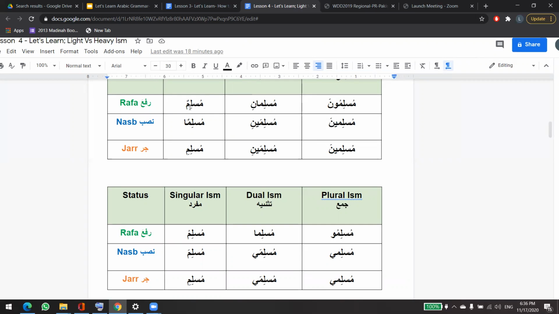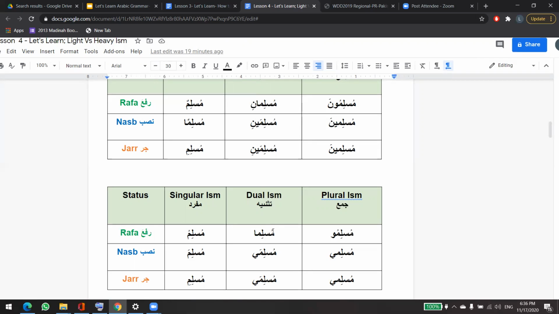You have a word Muslimun, which is rafa, and you make it light by removing the tanween. This word becomes Muslimu, but the status remains the same. You remove one dhamma, and from Muslimun it becomes Muslimu, but it remains rafa in status.